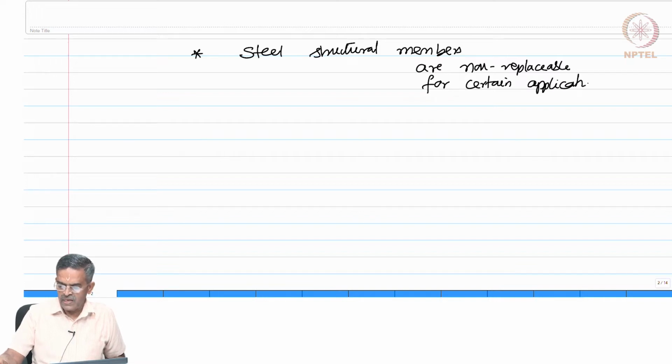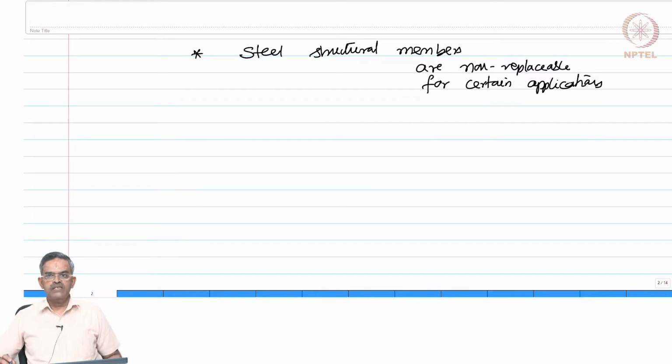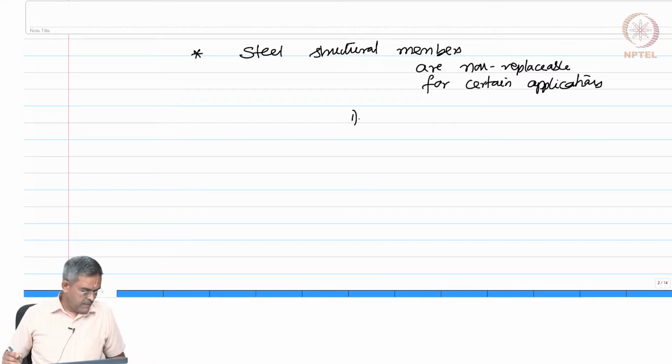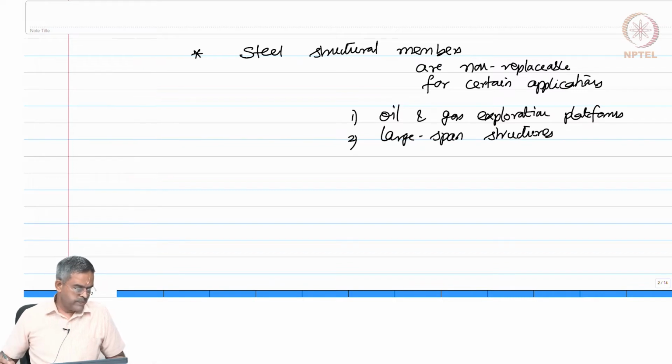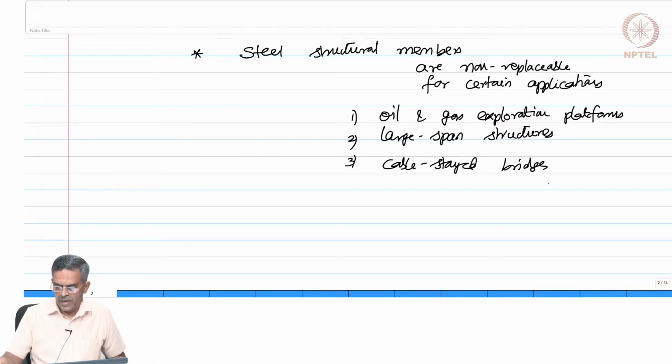We can give some classical examples where steel structures are essentially important: oil and gas exploration platforms, large span structures, cable stayed bridges, and many more to add.